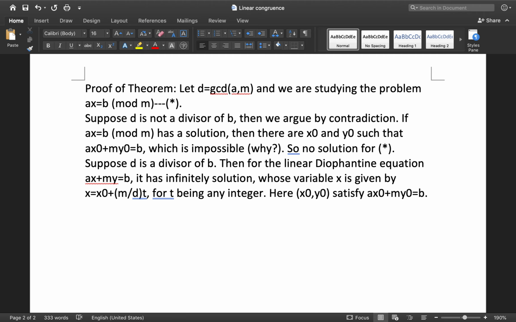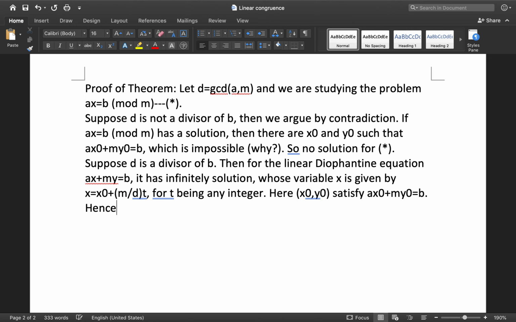And we know the form of the solution. Because the original problem has just one variable, x, we can ignore the y variable and just consider this part. So we got this solution, but now we don't know how many there are.